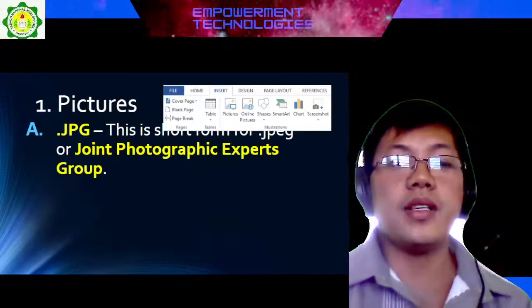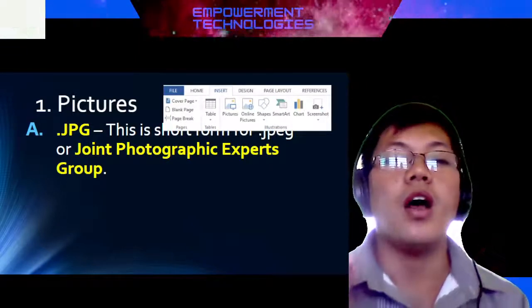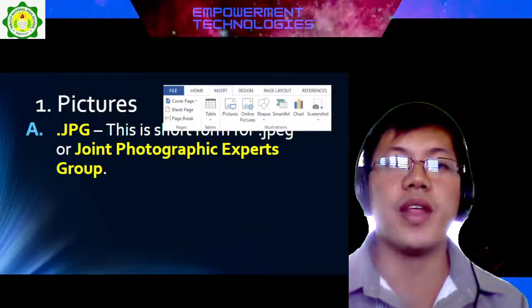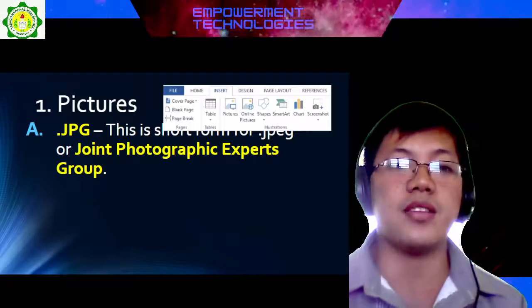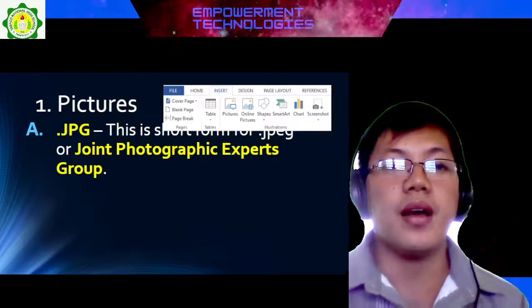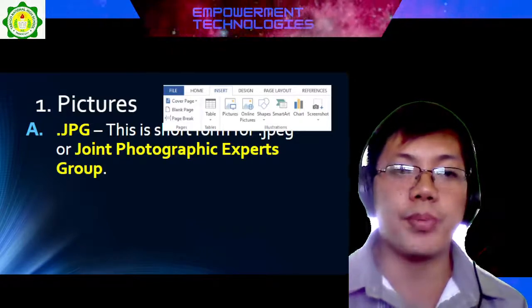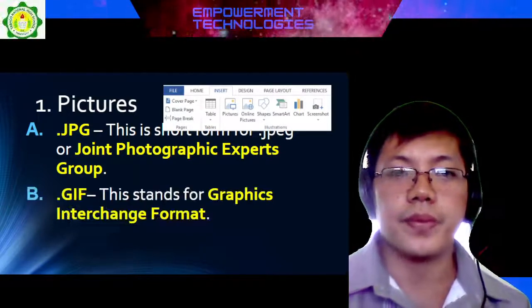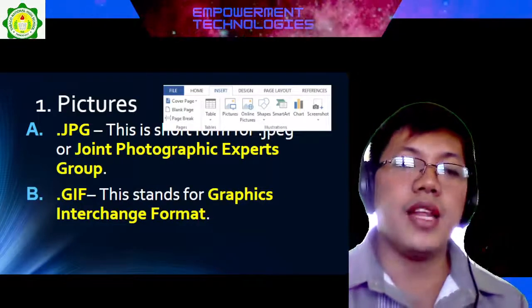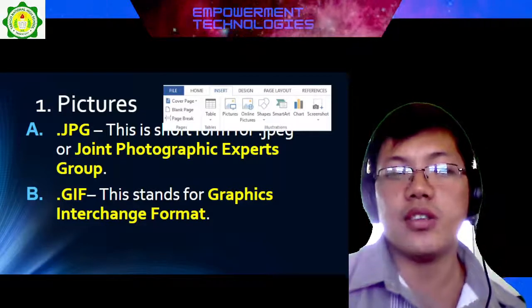All right. As I was saying earlier, we have three types of picture files. The first one that I talked about was JPEG or .jpg. That's the file extension. This is the short form for Joint Photographic Experts Group. And the next one is GIF, with the file extension .gif.